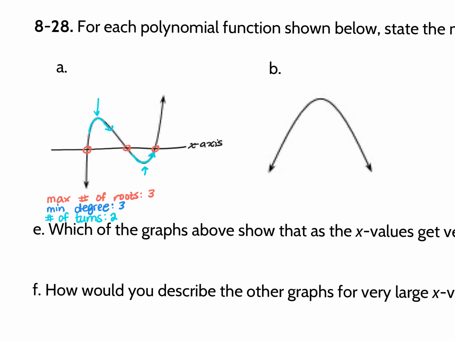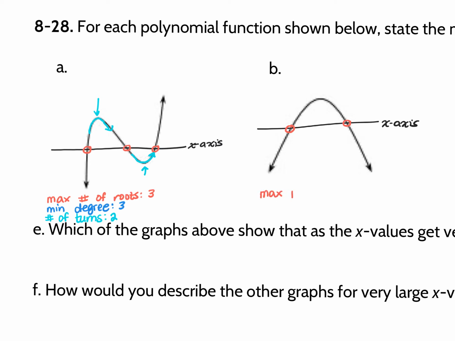Okay, let's do one more together, and then I'll have you try this on your own. So once again, I'm going to draw in an x-axis at some place where I see I'm going to get the most number of intercepts. So there's my x-axis. Number of roots is how many times it touches the x-axis.